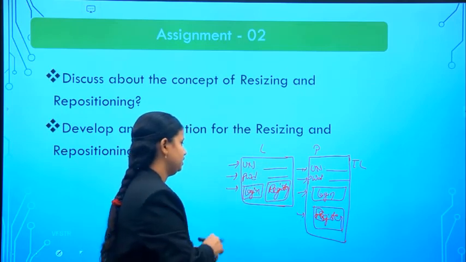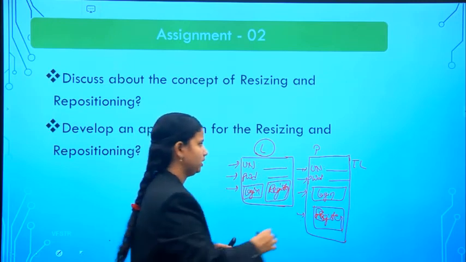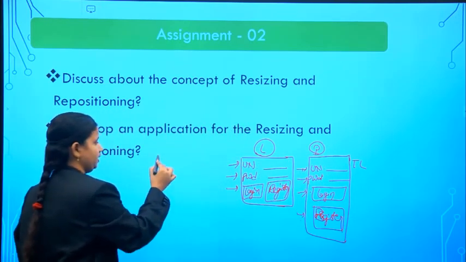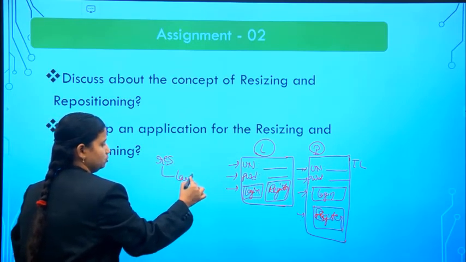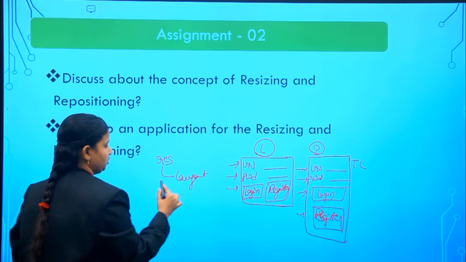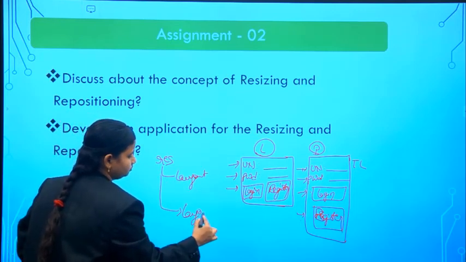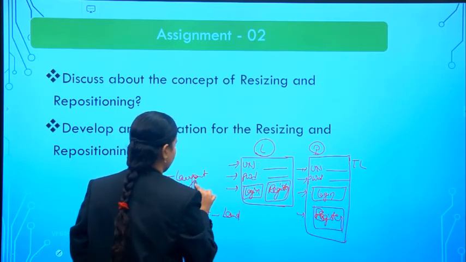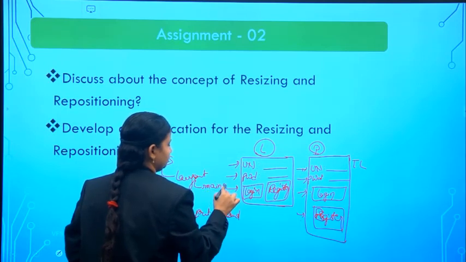So we have to maintain corresponding code in the landscape mode and corresponding code in the portrait mode. For those, within the res folder, we have to maintain 2 different folders: one is layout and the other is layout-land. The file name is the same, main.xml.